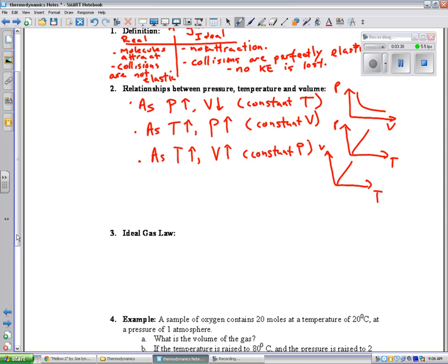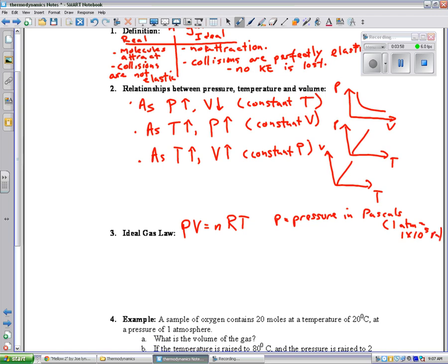Now, the ideal gas law we're going to use is PV equals nRT. P is pressure in pascals, that's the unit for pressure. And 1 atmosphere is 1 times 10 to the 5th pascals, so you may have to convert.